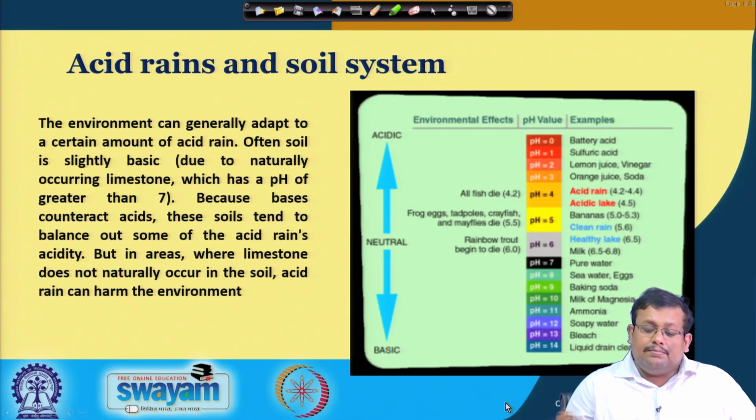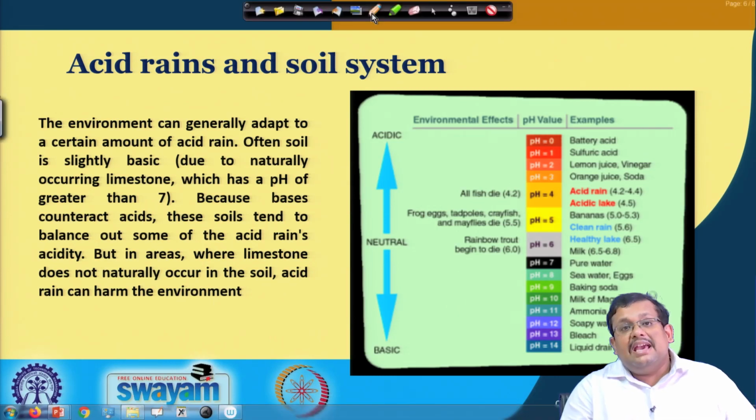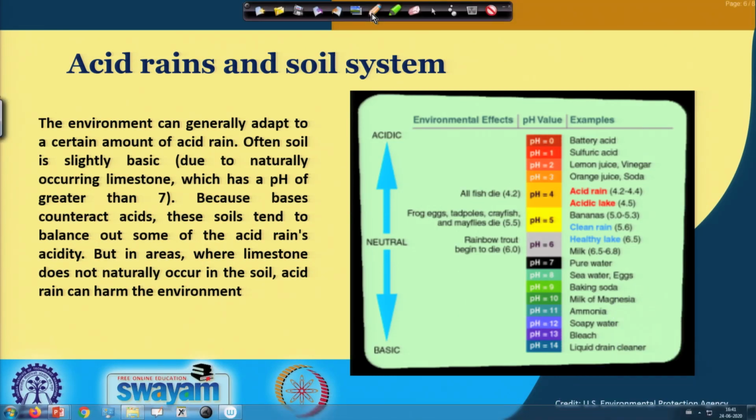Now, if you see the pH of the acid rain, this chart will give you a better idea.